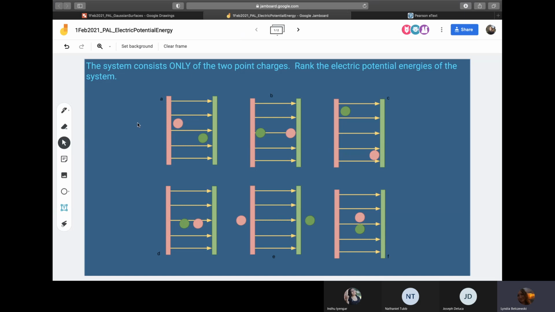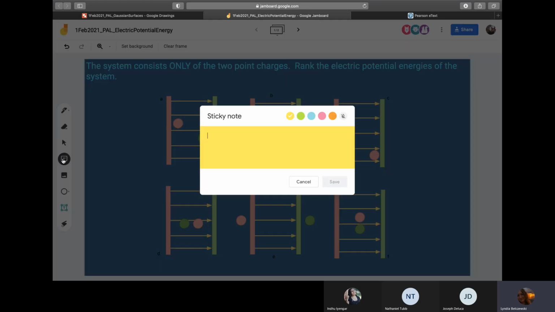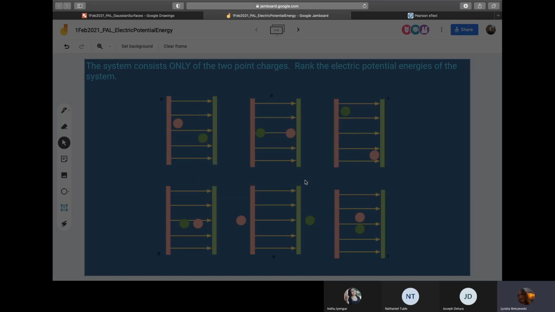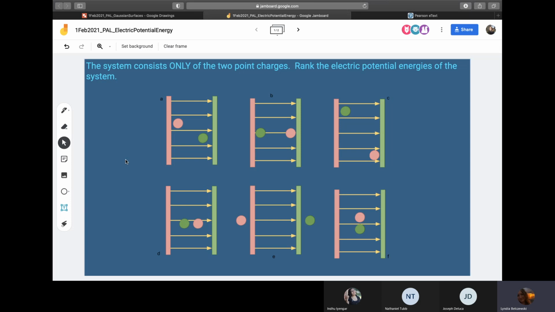For this first Jamboard slide, I want you to take a sticky note. If you haven't used Jamboard before, off to the side, click a sticky note, type whatever, and save. You can make it different colors, all that fun stuff. On a sticky note, I want you to rank the electric potential energies of the system, and we're defining the system as consisting only of the 2 point charges.